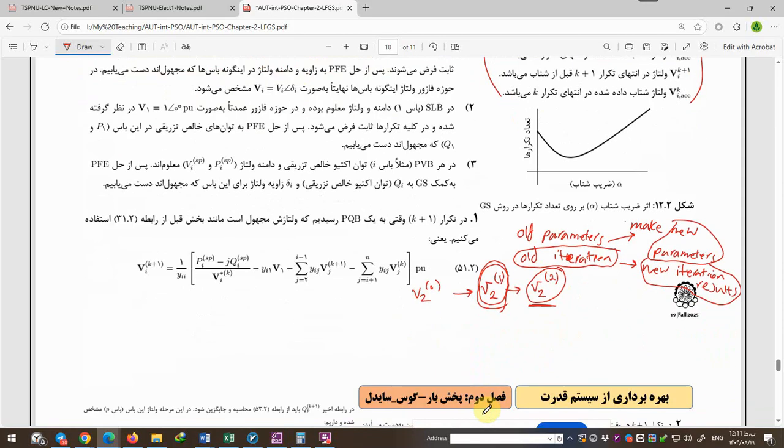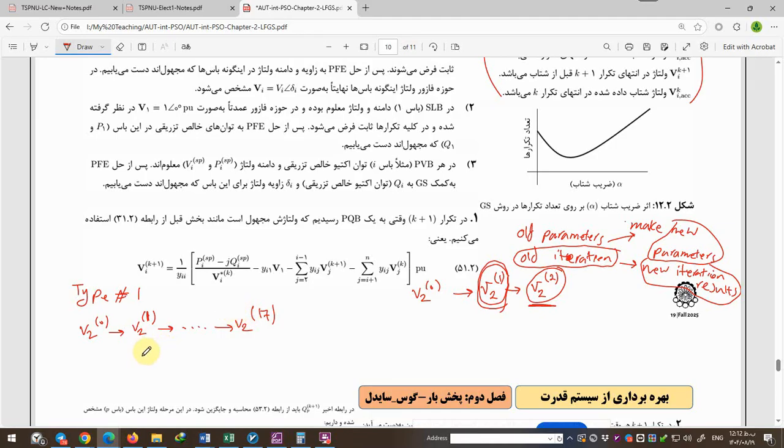For example, in the natural procedure, in example type 1, which we solved some minutes ago, the initial value of V2 can make the update of V2 in iteration 1, and after 17 iterations we catch the final value of voltage in bus 2.